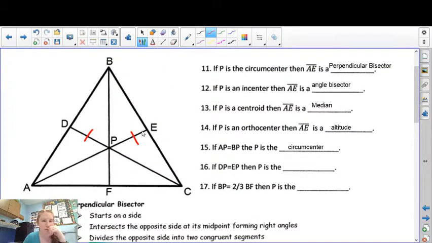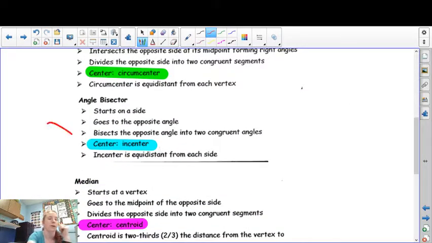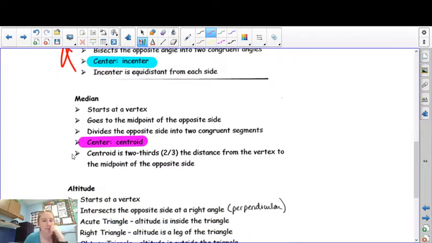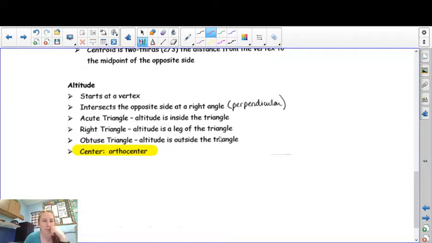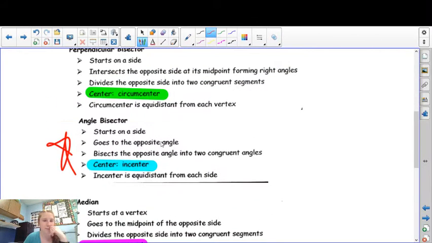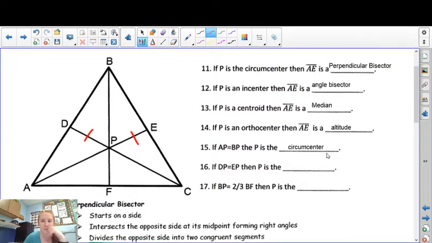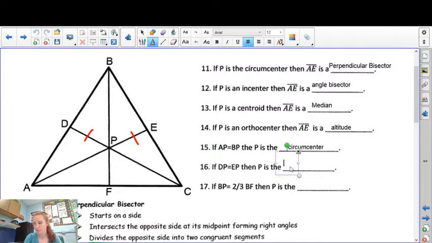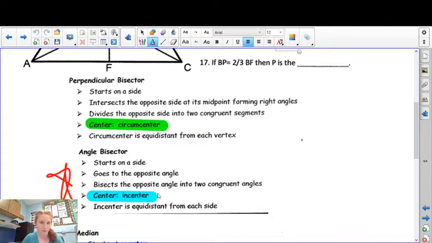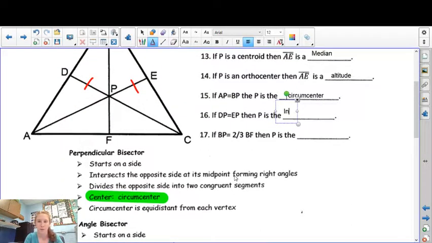D hits at a side, E hits at a side. They're the same distance. Okay, so it could be that one. 2/3 the distance, nope, we're equal, and then meets outside. It's got to be angle bisector. So if it's angle bisector, it's called the incenter because we're talking about P.